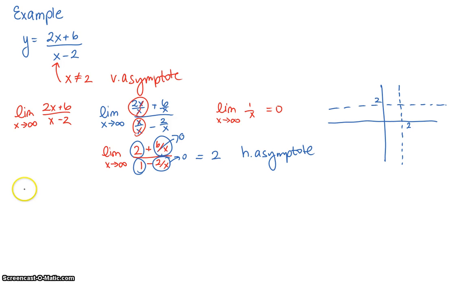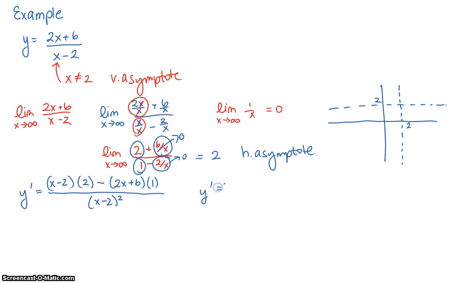Now you want to look at your first derivative. So if we take the first derivative, we have the denominator, because we're using quotient rule, times the derivative of the numerator, which is just going to be 2, subtract your 2x plus 6, multiplied by the derivative of the denominator, which is 1, all over x minus 2 all squared.